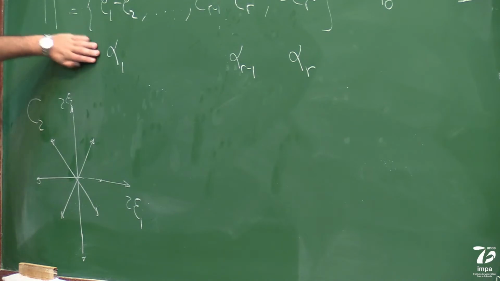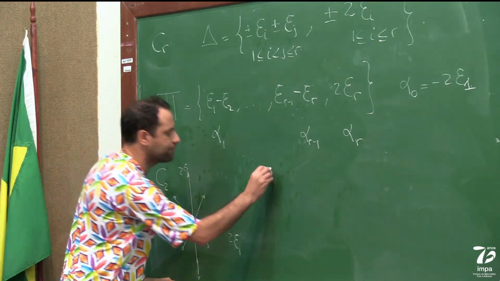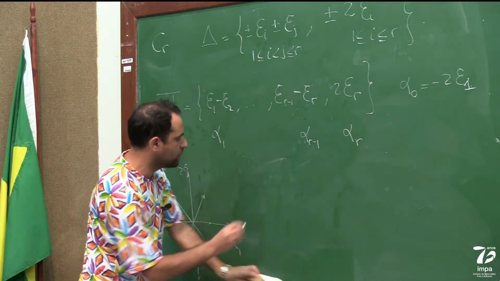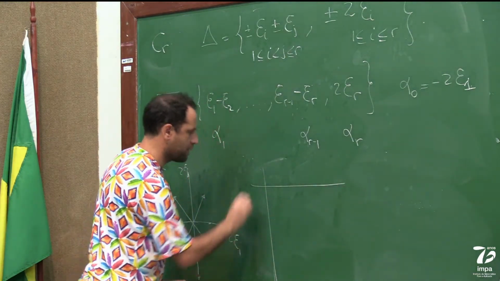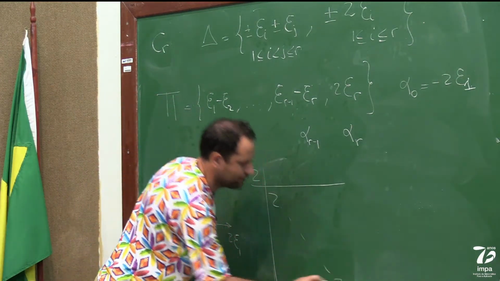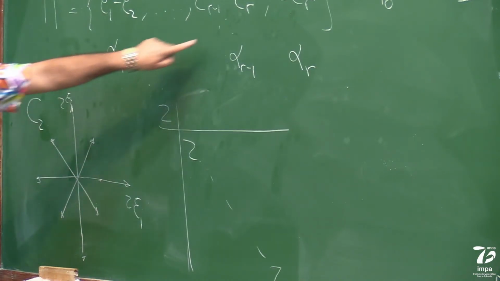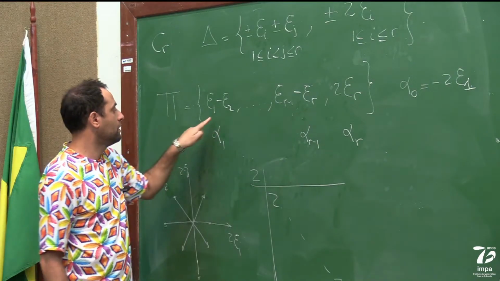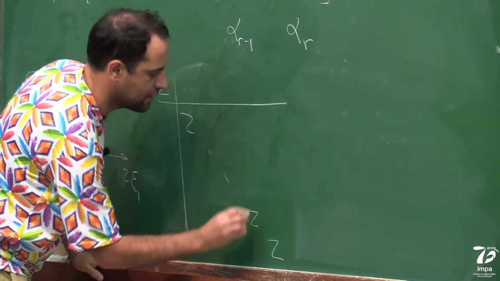This is the simple root system. And what is the Dynkin diagram? What is the Cartan matrix? Let's do the extended one as well. So we have 2 on the diagonals. Thank you for noticing that. So we have an A r-minus-1 system from alpha 1 up to alpha r minus 1. So let's put this last 2 here.